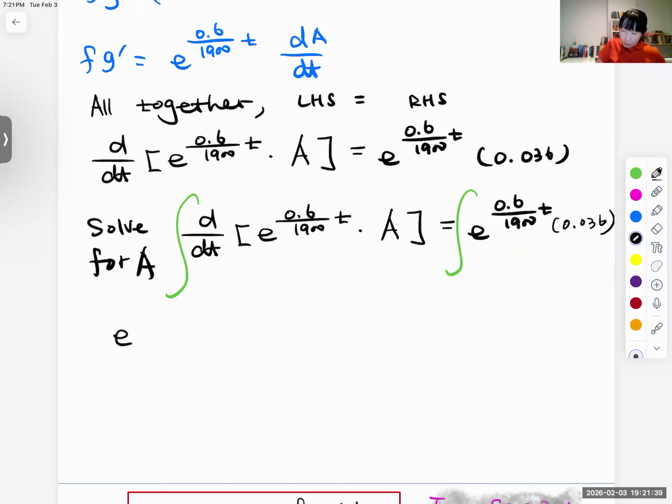So we have A e to the 0.6 over 1900 t, A equal to the integral of the right hand side will be e to the that function and keep the constant, right?